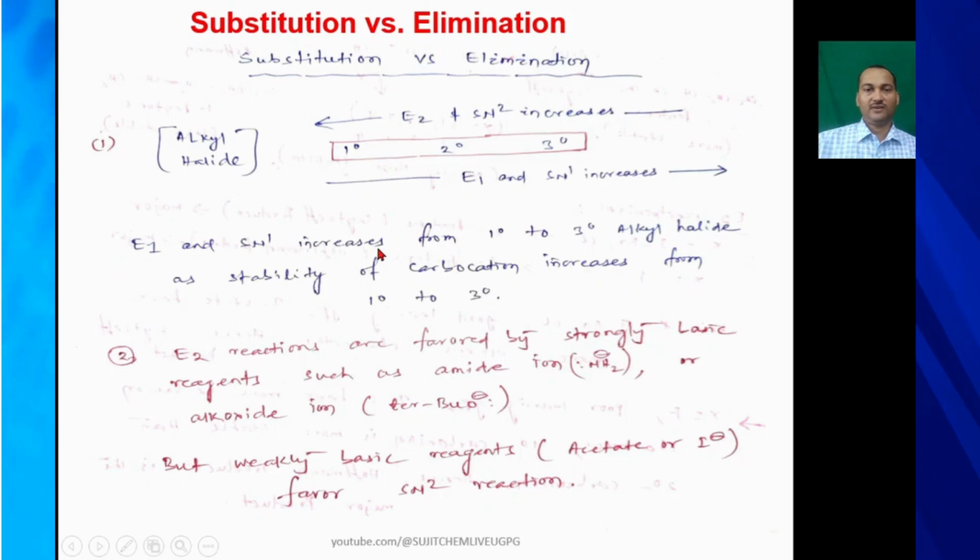E1 and SN1 reactions increase from primary to tertiary alkyl halide as the stability of the carbocation increases from primary to tertiary. Similarly, E2 reactions are favored by strongly basic reagents such as amide ion, alkoxide ion or tertiary butoxide, but weakly basic reagents like acetate or I minus will favor the SN2 reaction.